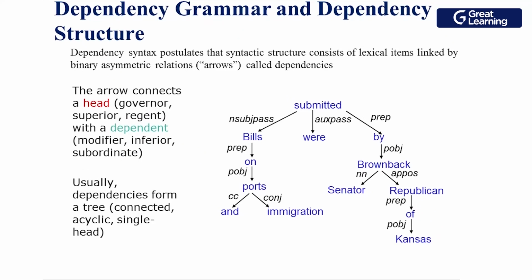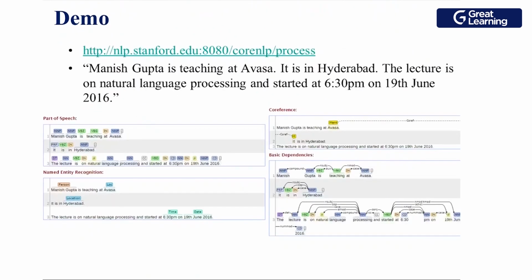These dependencies are also useful to figure out whether a sentence is written in active voice or passive voice. Okay? Active voice sentences have an nsubj dependency. Passive voice sentences will have an nsubjpass dependency. Based on that dependency, you can figure out how many sentences are written in active voice, how many in passive voice. Okay? So that's that. This one we already discussed.